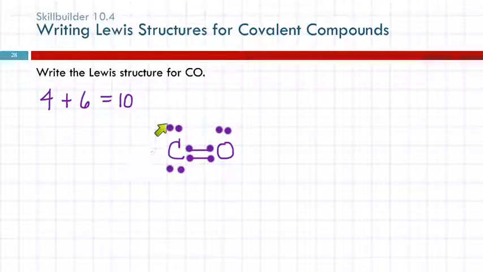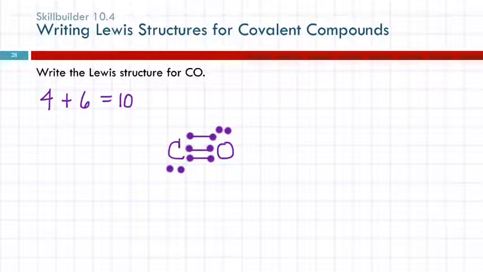And I could fix that by taking this lone pair and moving it over here. Or I could think ahead a little bit and say, well, this one already has an octet. So we'll have carbon share more with oxygen. So I'm going to move one of carbon's pairs to be a shared pair between them.